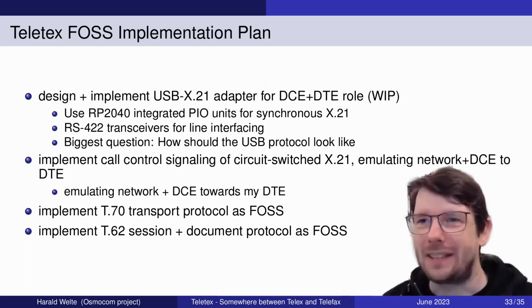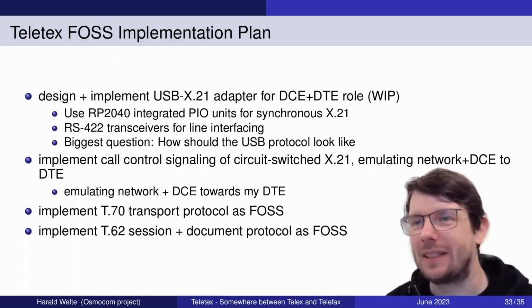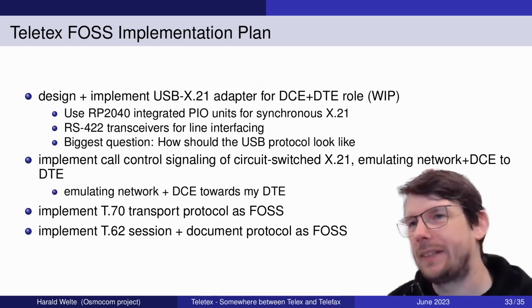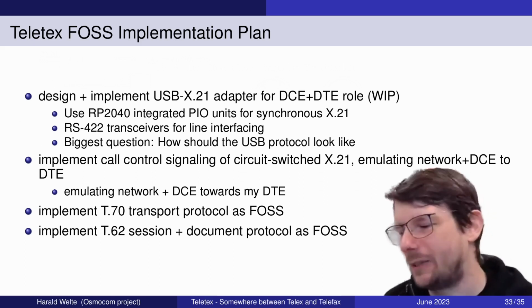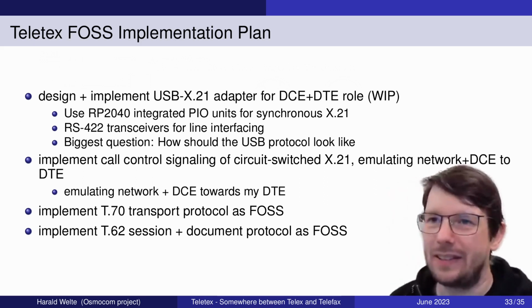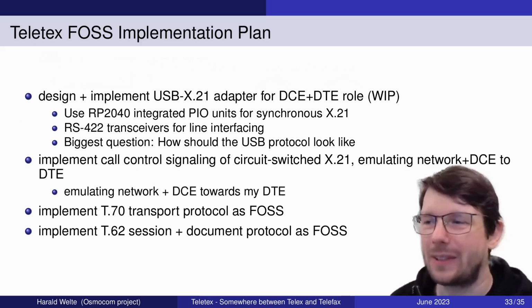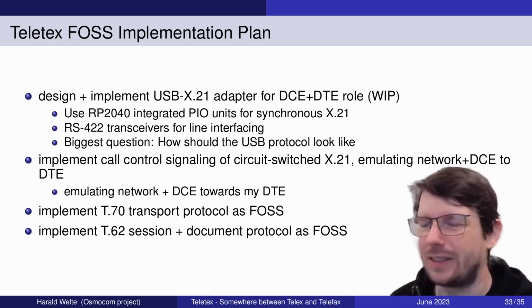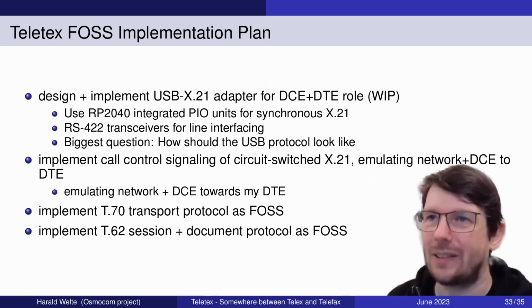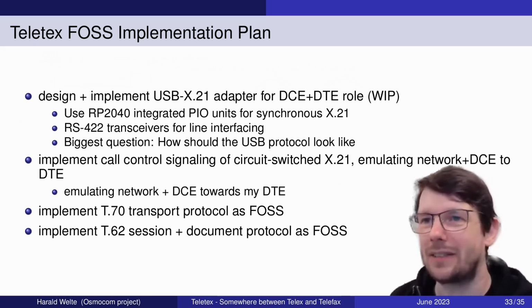Yeah, then once this hardware interface and the call control signaling exists, basically the network switch, the CSPDN switch, needs to be emulated. So basically it needs to accept incoming calls and generate outgoing calls and signal the calling party, and all that kind of stuff.